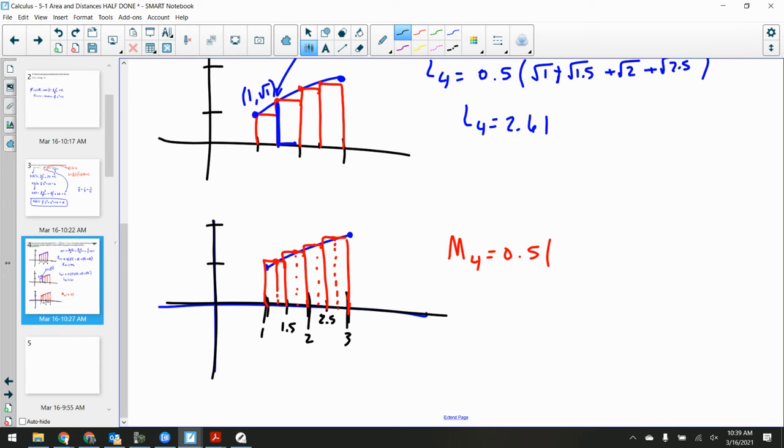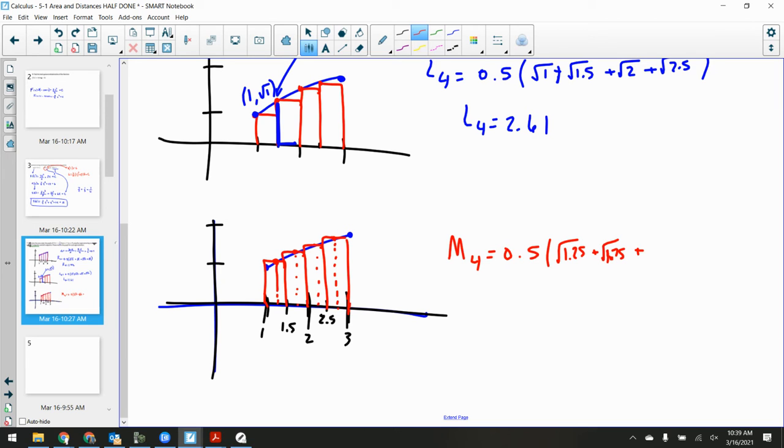What's the true height of that rectangle? F of what? 1.25, right? F of 1.25, because it's directly in the middle between 1 and 1.5. So that would be the square root of 1.25 plus the square root of, now what's my coordinate here? It's halfway between 1.5 and 2, 1.75. That's a point there.